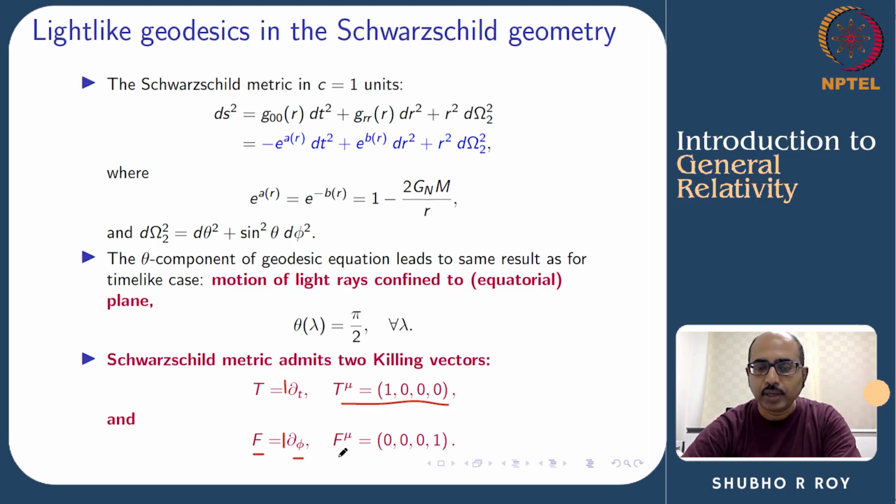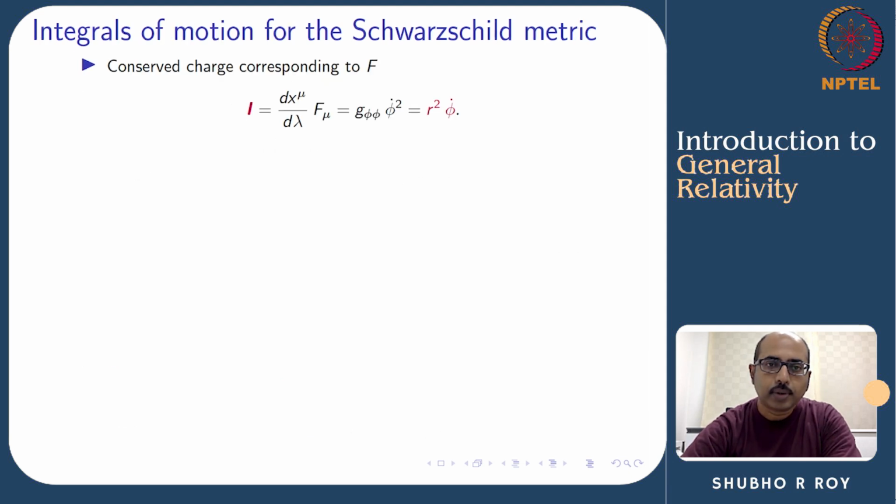So if you write in terms of components, it is 0, 0, 0, 1. Alright? This is nothing to do with lightlike geodesics per se, because this is a general property of the Schwarzschild metric.